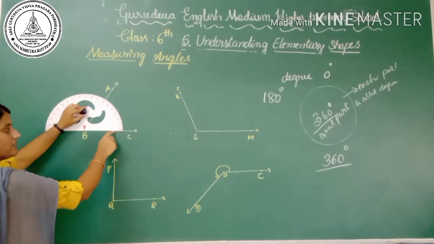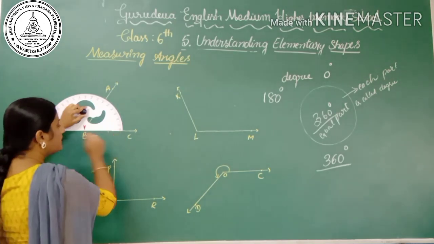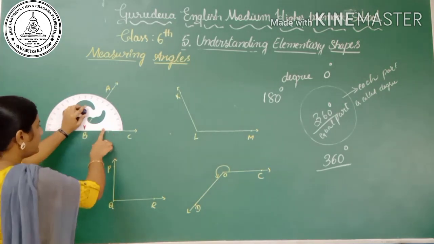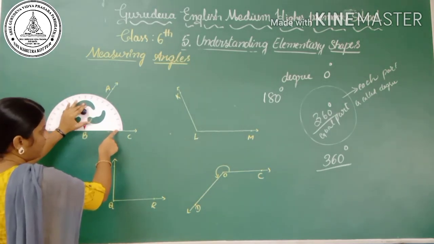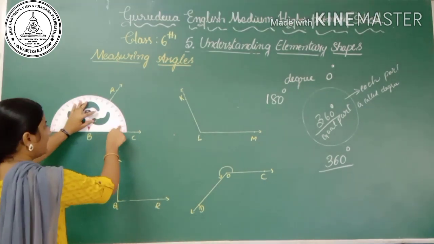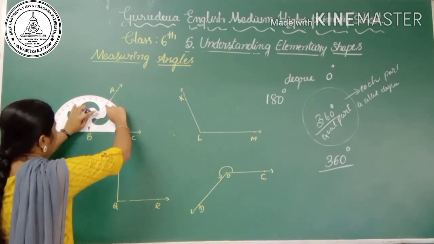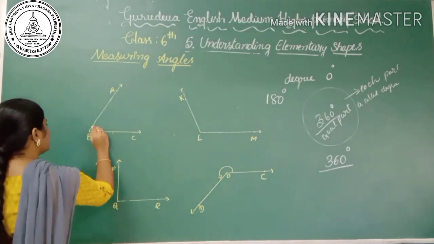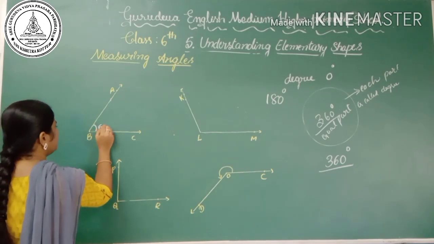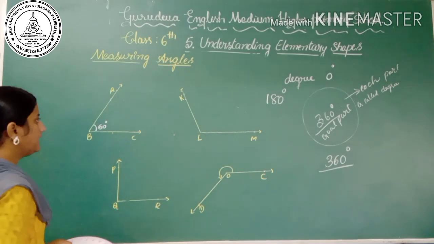And see here there is a 0 degree. So from 0, 10, 20, 30, 40, 50, 60 is the angle which measures 60 degrees.